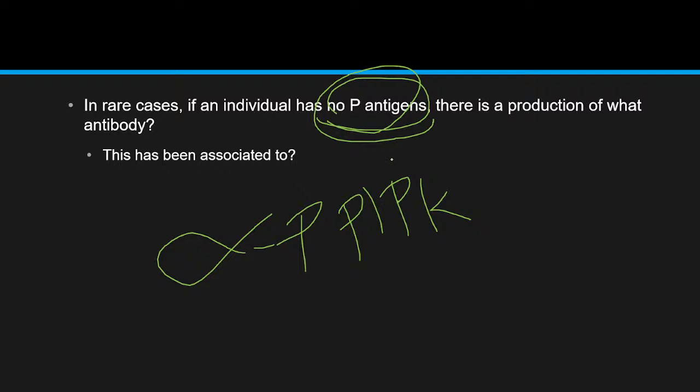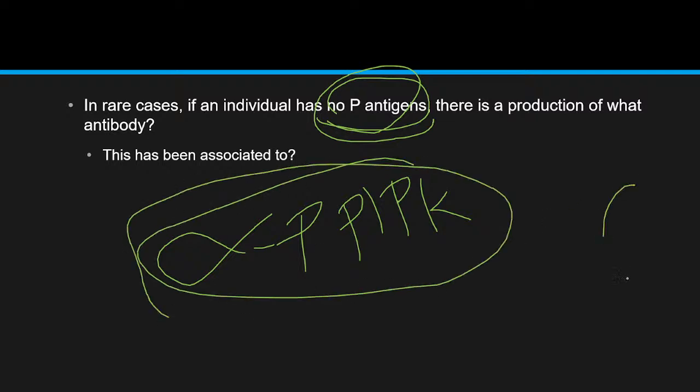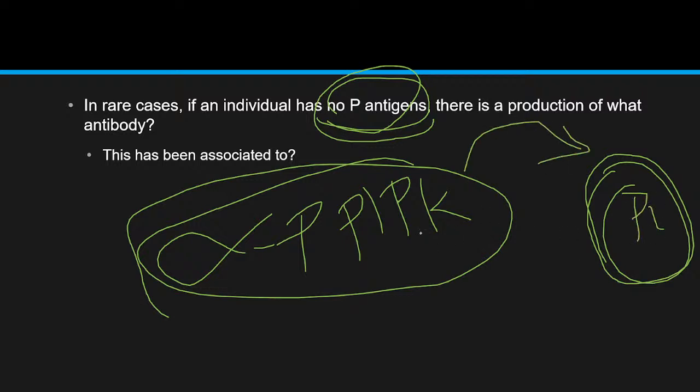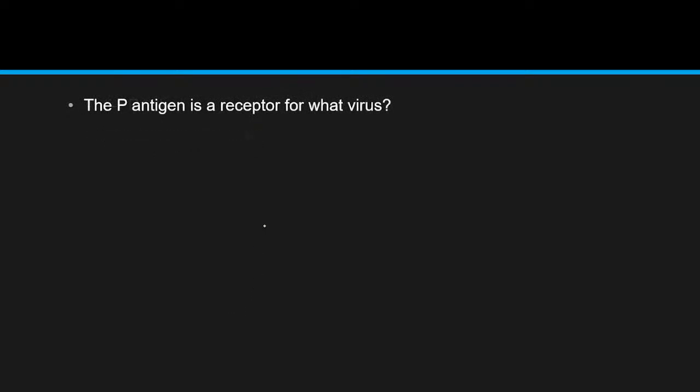Okay? So that patient will produce this one. Now, suppose that patient is transfused with blood from a person who has P antigen, so basically a P1 person, this antibody will destroy this. It has been associated with spontaneous abortions.